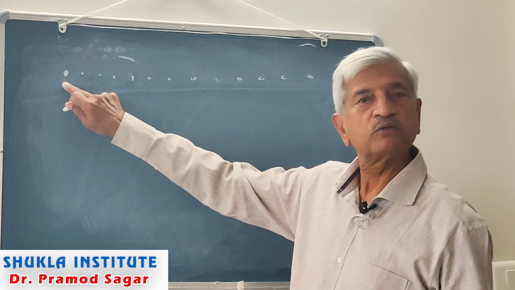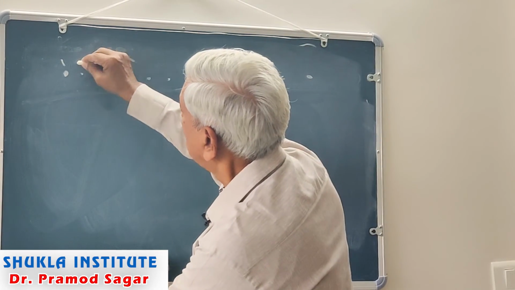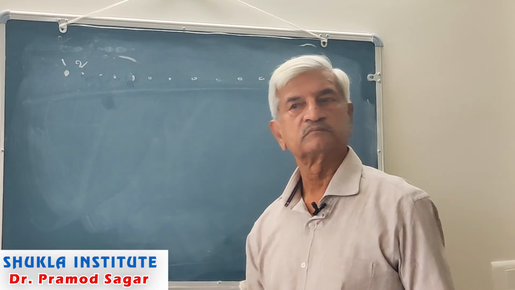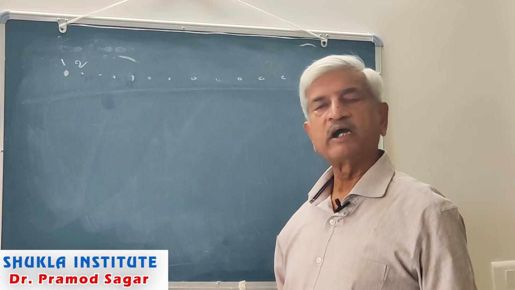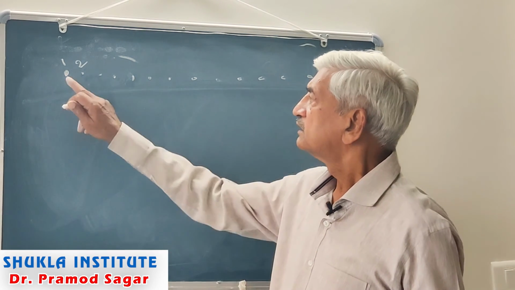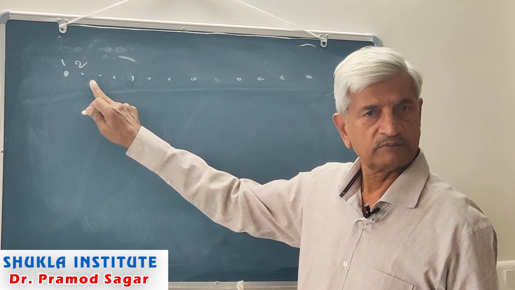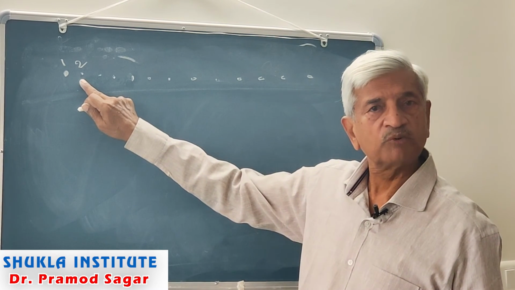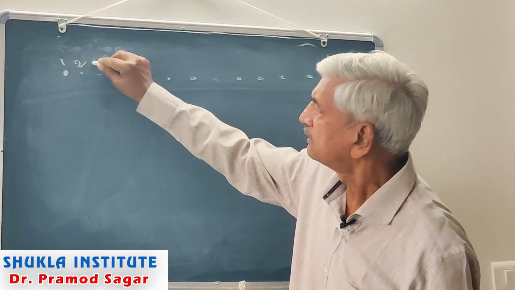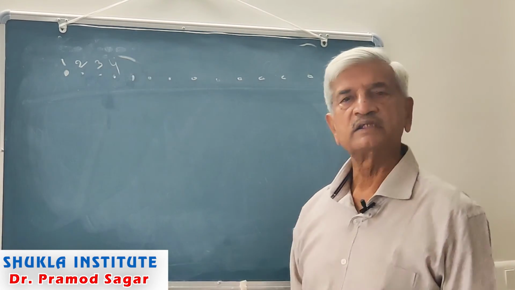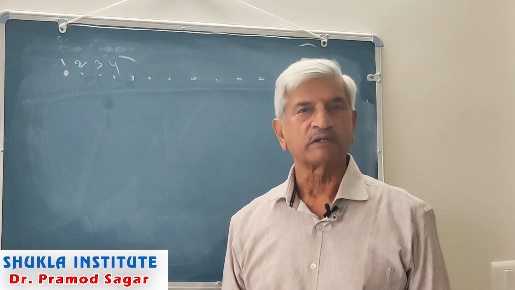As the first particle vibrates, it passes on the vibration to the second particle by a process of induction. It need not be in physical contact, but by a process of induction, the vibrations of the first particle are passed on to the second particle. When the second particle starts moving, it passes on the vibration to the third, third to the fourth, and so on. So the vibrations are passed on from particle to particle.